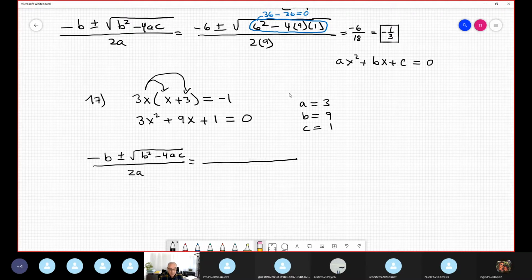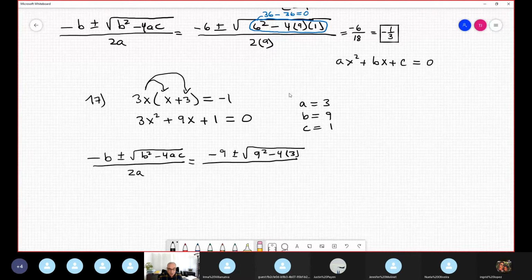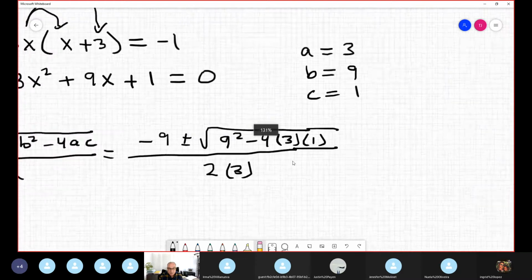So minus 9 plus or minus square root of b squared, that is 9 squared, minus 4 times 3 times 1, divided by 2 times 3. Okay, I focus on the expression inside the radical.